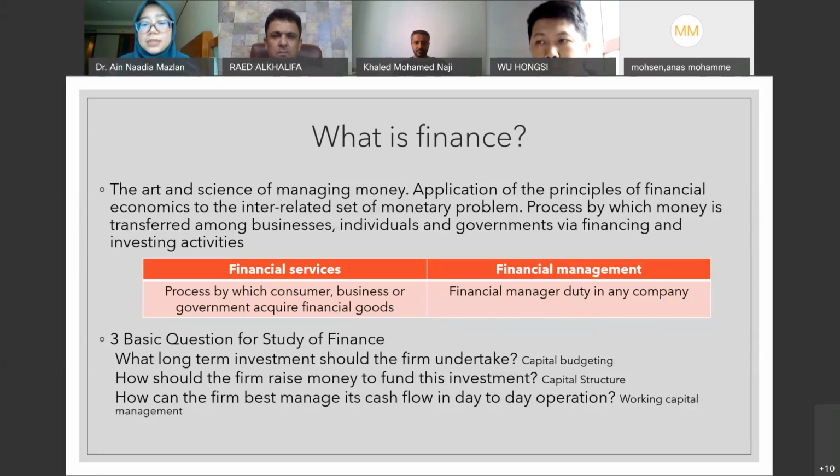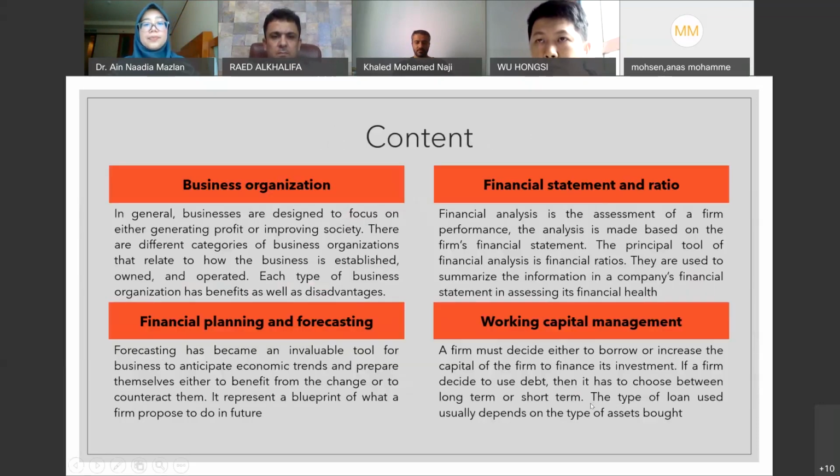The difference between capital budgeting and working capital is that working capital is more on day-to-day operation. So now, based on those three questions, we're going to put it into four subtopics.